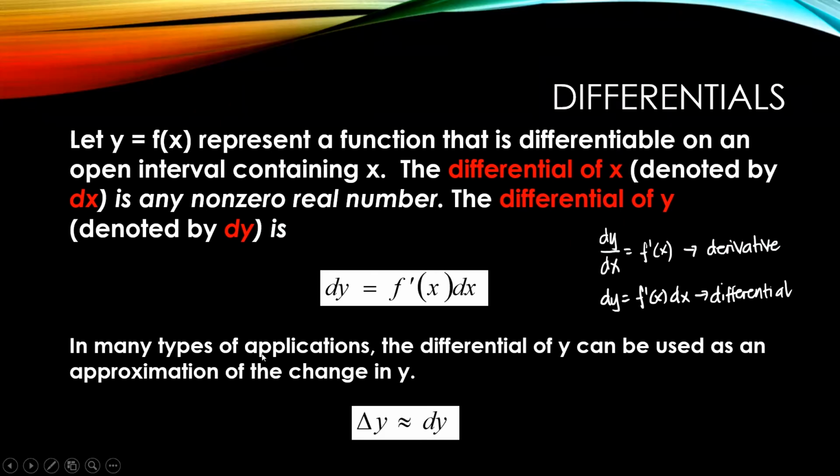So in many types of applications, the differential of y can be used as an approximation in the change of y. So you recall before I said the delta y is actually a capital letter D, the triangle there. So for example, when you say delta T or change in temperature, that's temperature 2 minus temperature 1. For example, delta distance is distance 2 minus distance 1.